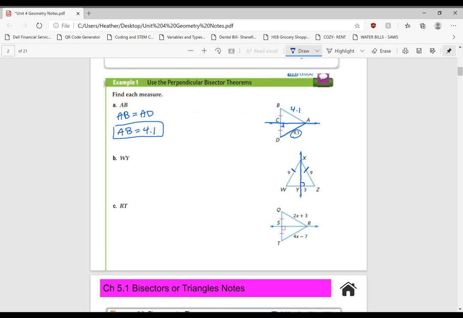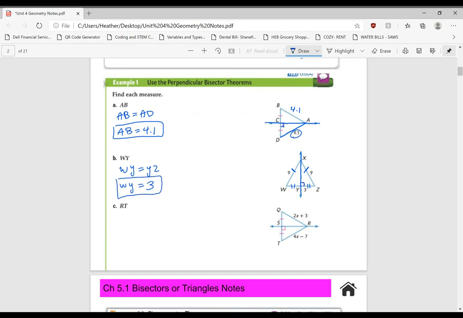By our theorem, we know that WY is equal to YZ. And since YZ is 3, then WY is also 3. So these two are equal. So WY is equal to 3.